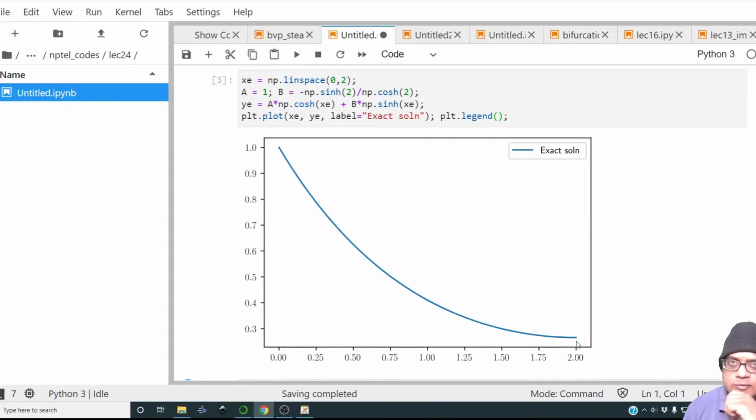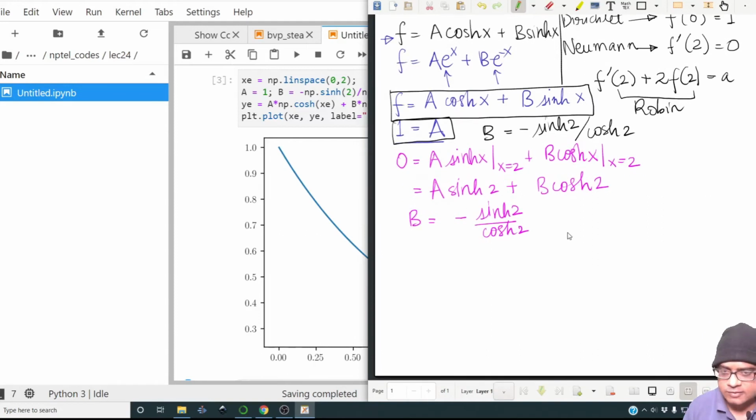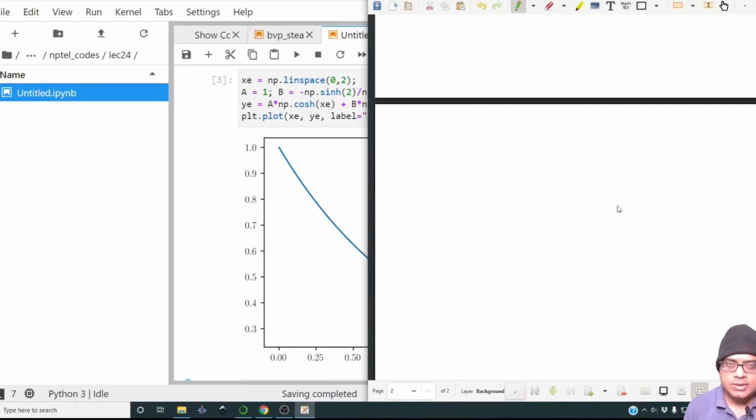So this is what we have from the exact side, but now we are interested to solve this numerically. So how do we go about solving it numerically? Let's see. The very first thing that we do is to discretize the domain into a bunch of points.